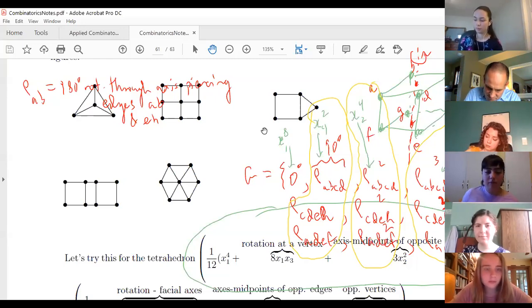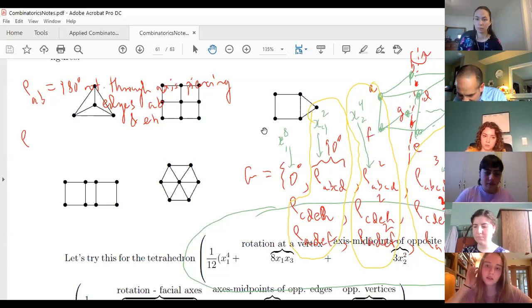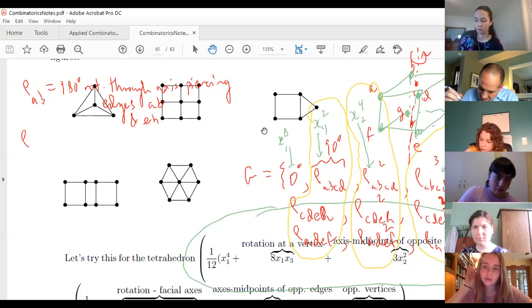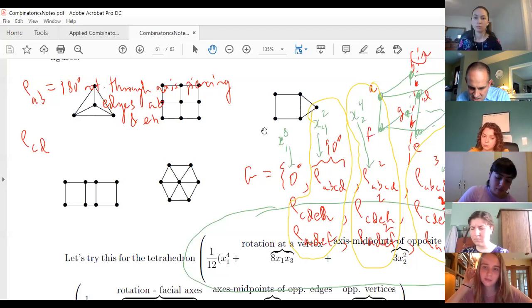Row CD. Yeah, row CD. That would go to the opposite edge, FG, and we would do a 180-degree rotation around that axis. And what's another one that we would have?